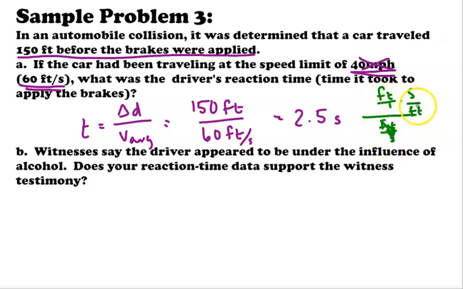I already flipped this one and multiplied it, so you get just seconds. That's really nice, because if you set these up correctly, your units just pop out. Then you don't get a portion of your problem wrong. If you take your time to look at this, it really can help you be successful on some of these problems.